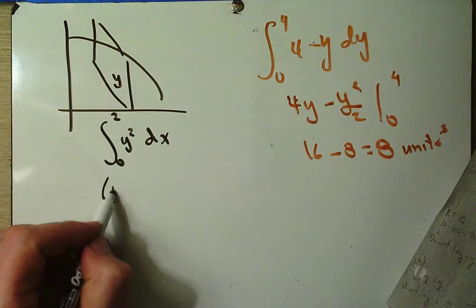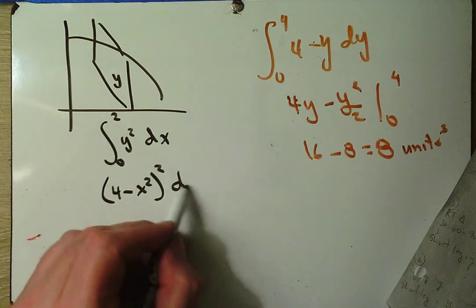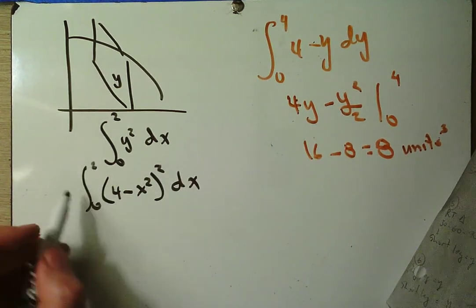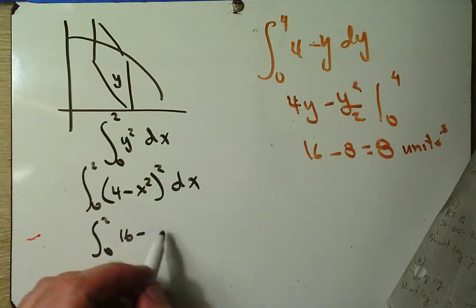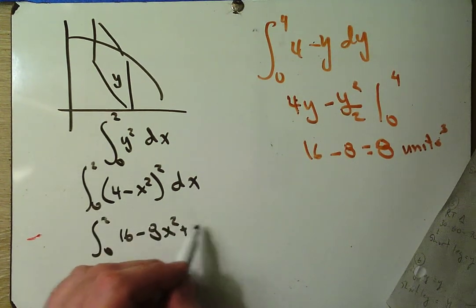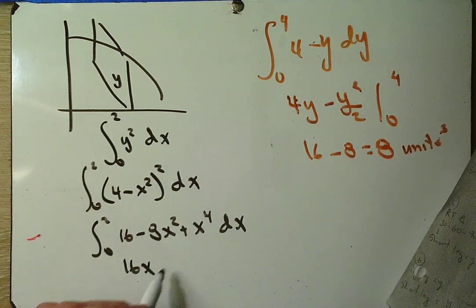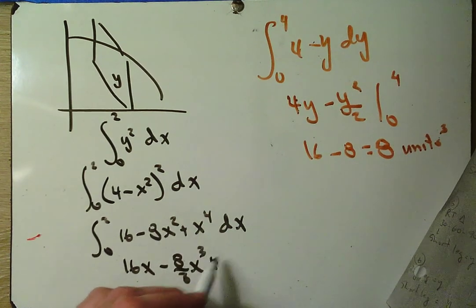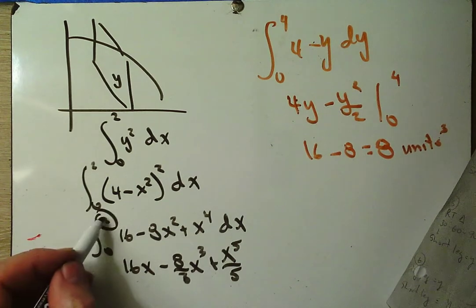And we said that y was equal to 4 minus x squared. And so this is the integral from 0 to 2 of 16 minus 8x squared plus x to the 4th dx. So that's 16x minus 8 thirds x to the 3rd plus x to the 5th over 5, going from 0 to 2.